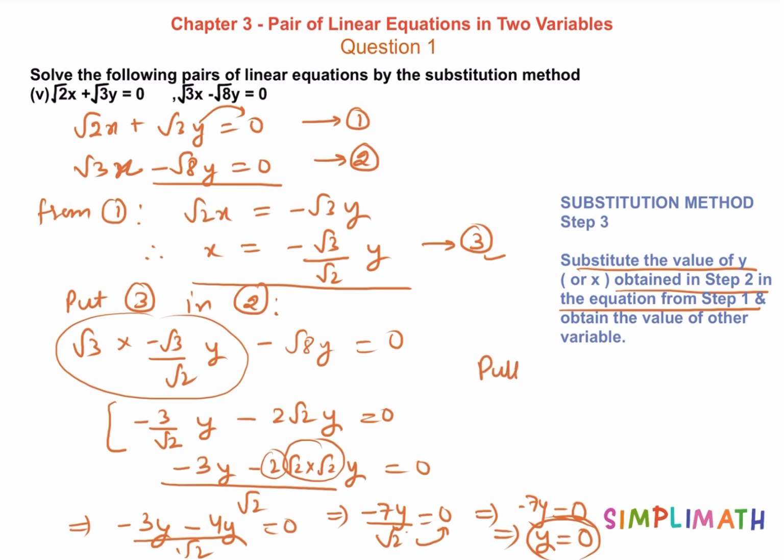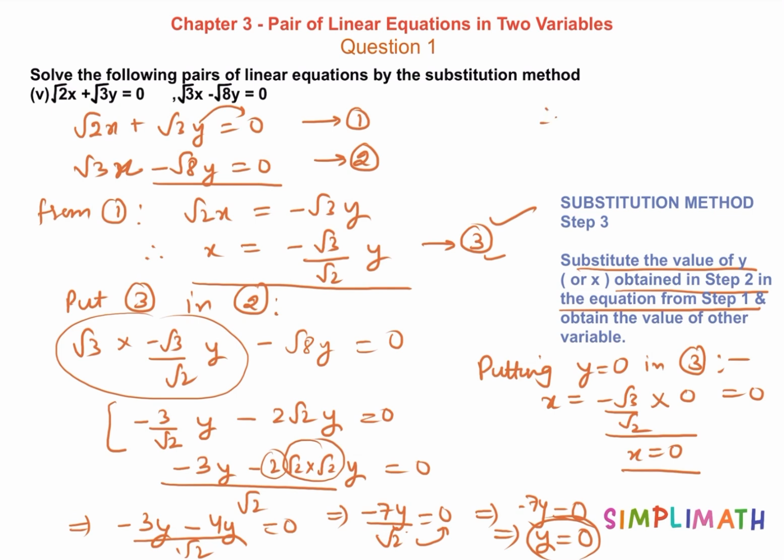So putting y equal to 0 in equation number 3, we get x equals minus root 3 by root 2 y. Now the y value is 0, and anything multiplied by 0 is 0, so x is also 0. Therefore, the solution of the given pair of linear equations is x equal to 0 and y equal to 0.